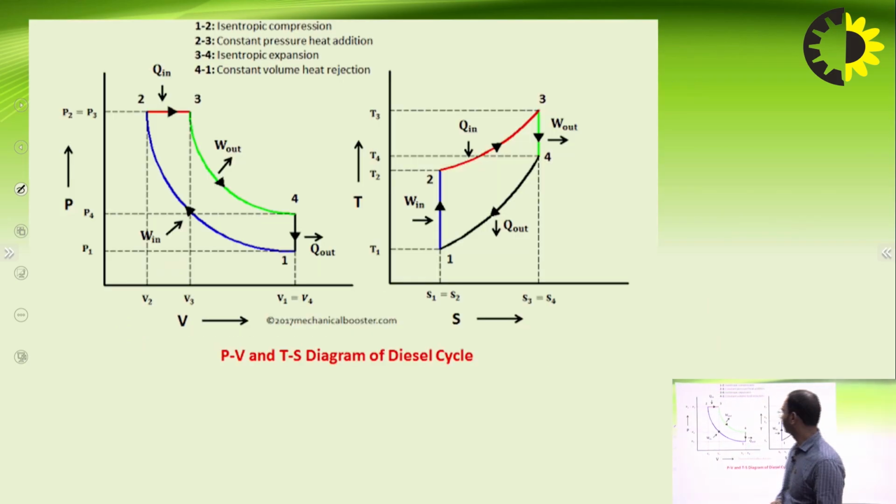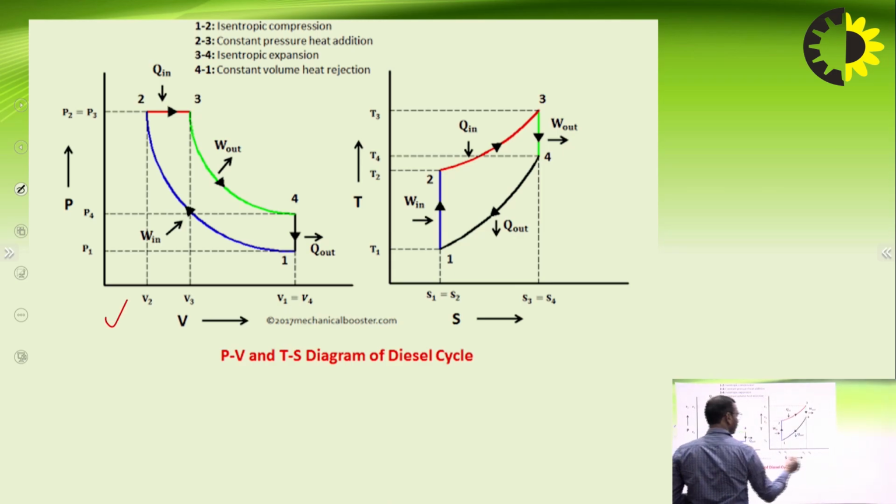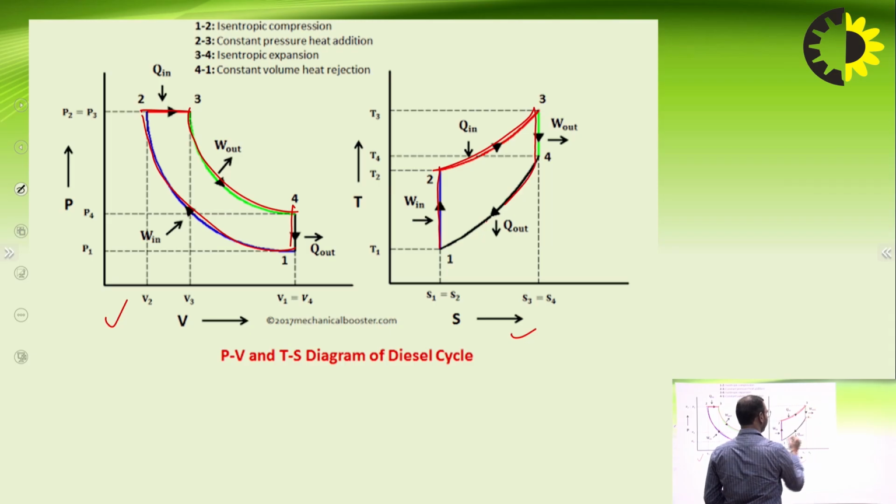Now, I will discuss its PV and TS diagram. So, this is the PV diagram and this is the TS diagram of diesel cycle. Here process 1 to 2 is isentropic compression, then constant pressure heat addition, then isentropic expansion, then constant volume heat rejection. Similarly, in TS diagram, 1 to 2, 2 to 3, 3 to 4 and 4 to 1.